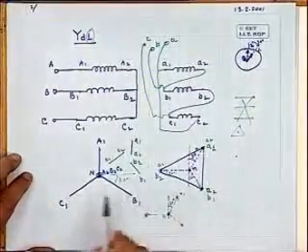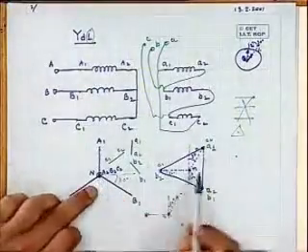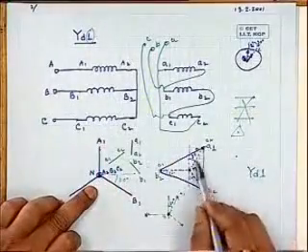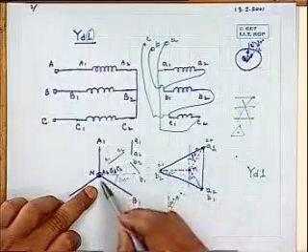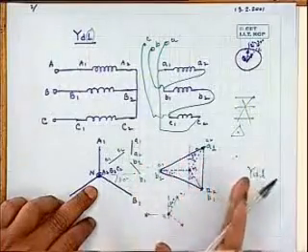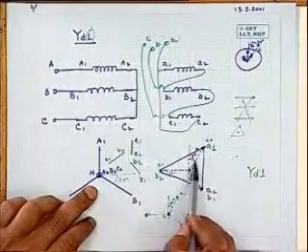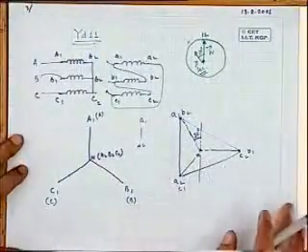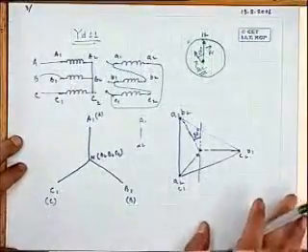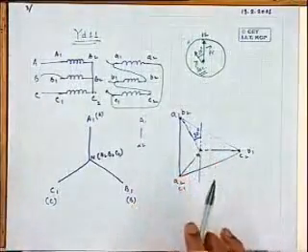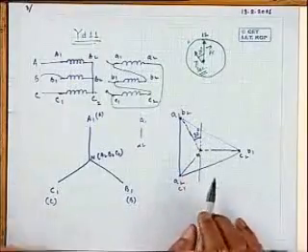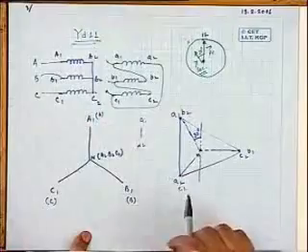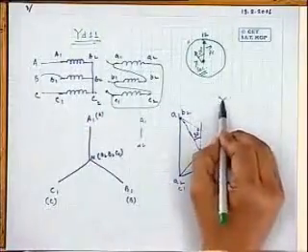So basically, YD1 and YD11, what is the difference now? See, take YD1, this one I have done. The A phase voltage of the secondary and the A phase voltage of the primary are displaced by 30 degrees, lagging. This is the lagging connection and this is the leading connection. Now what I want to tell is that these connections we can draw. You should understand that apart from these, other connections are not possible.